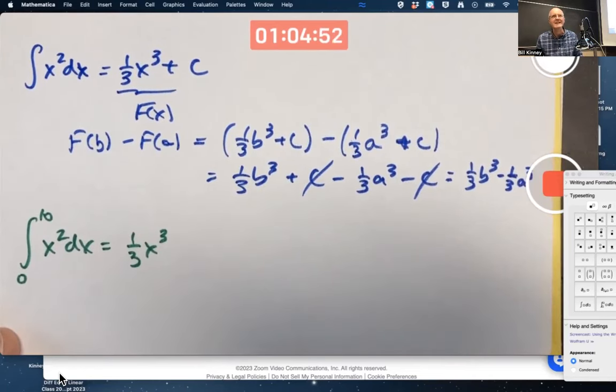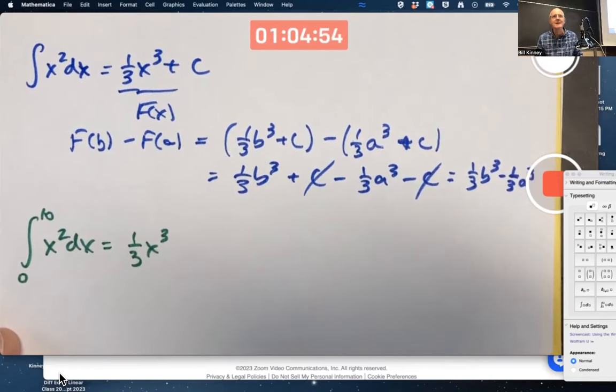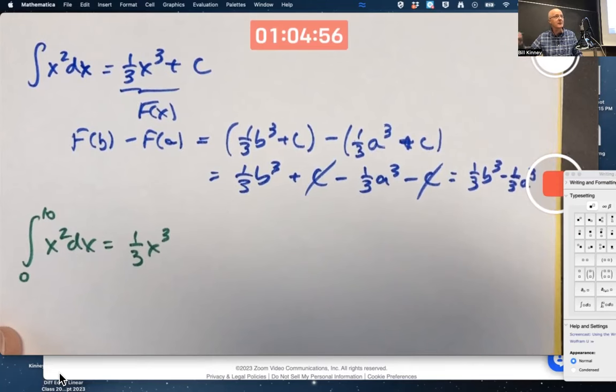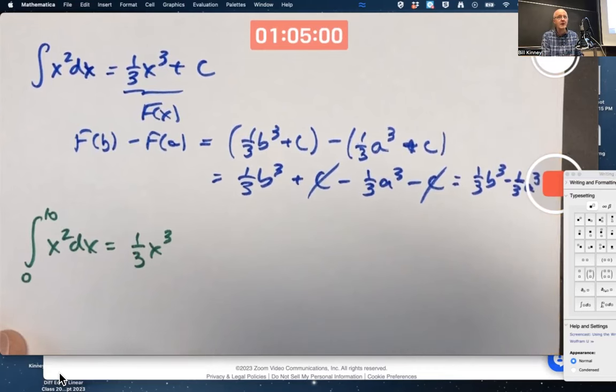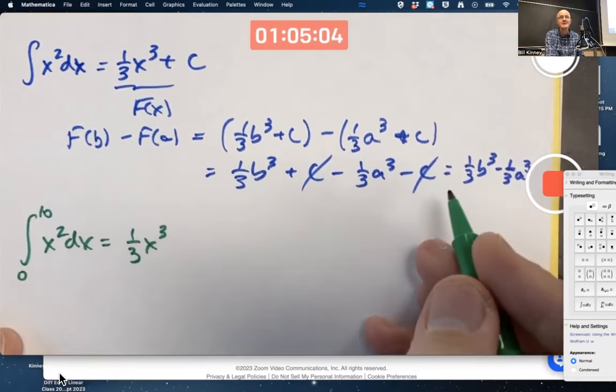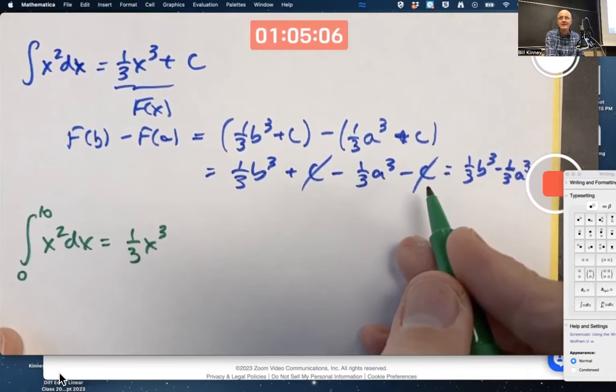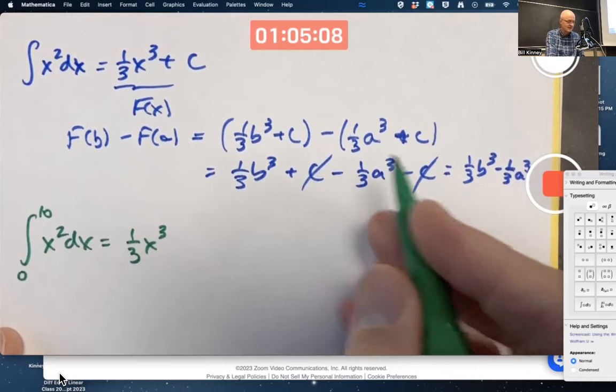Don't bother even writing it. You do need it for indefinite integrals because it's useful for differential equations. But for definite integrals, you don't need a plus c. It doesn't hurt because it cancels, but you don't need it because it cancels.